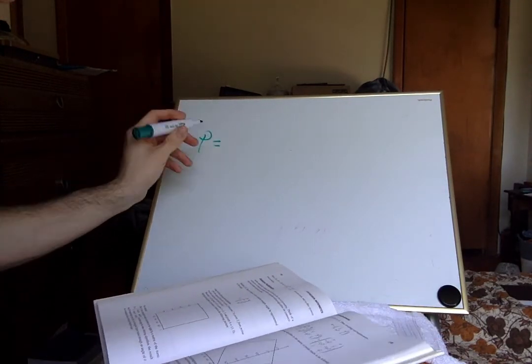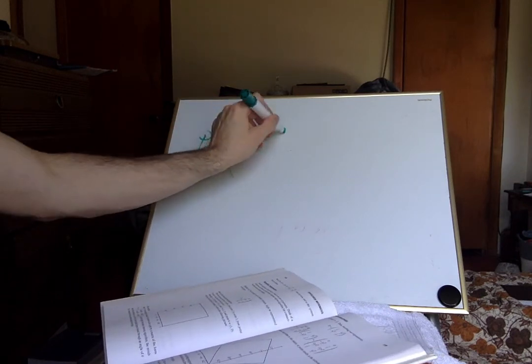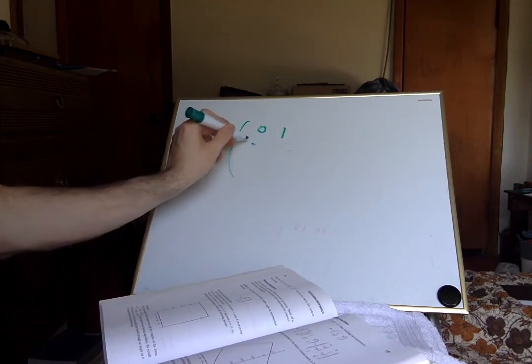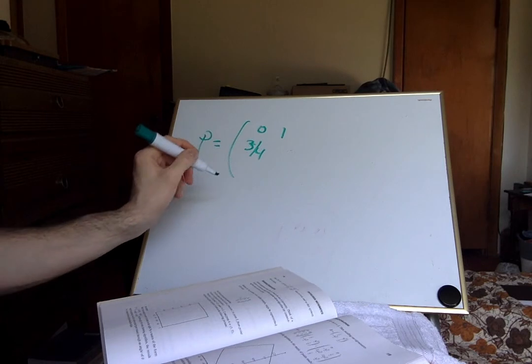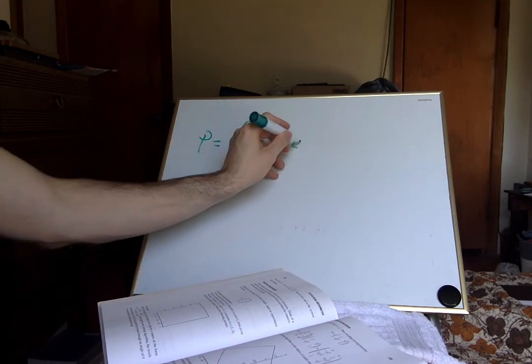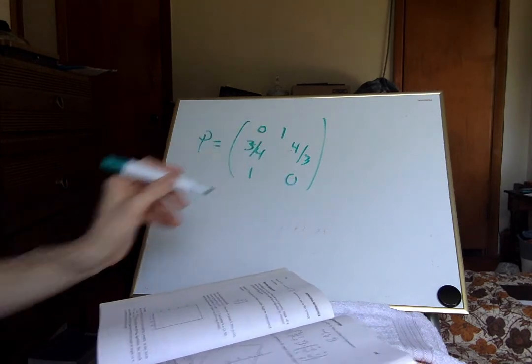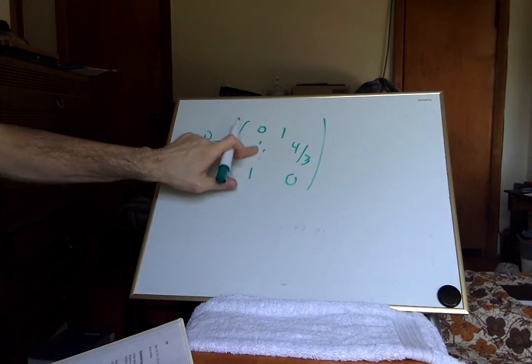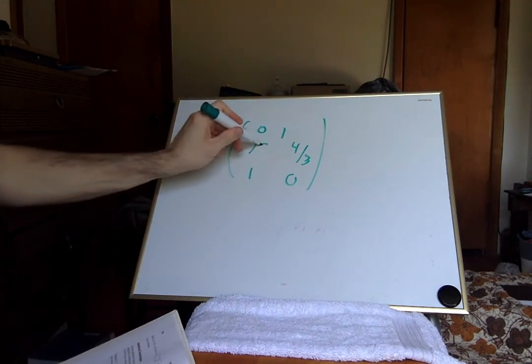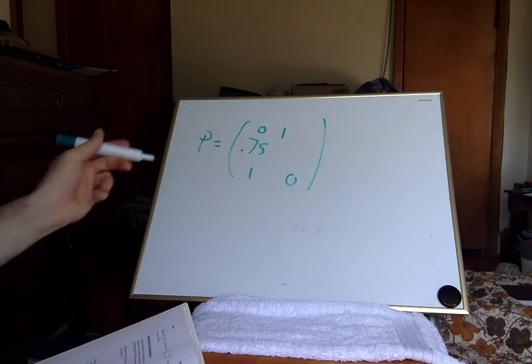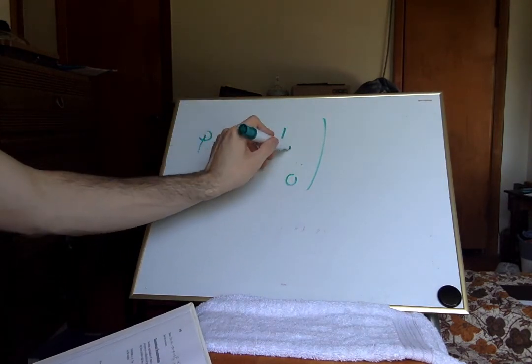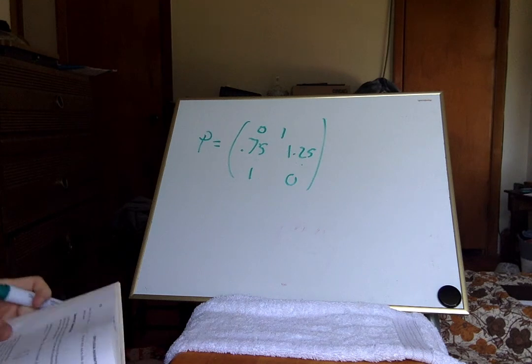P equals 0, 1, 3/4 and 4/3, and 1, 0. But they don't use 3/4, they use 0.75, and they don't use 4/3, they use 1.25. Okay, good.